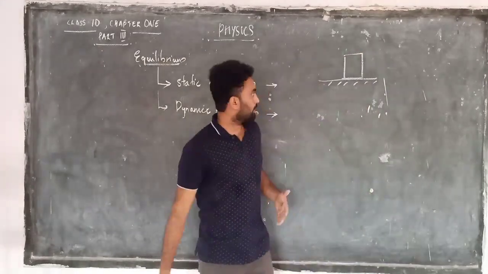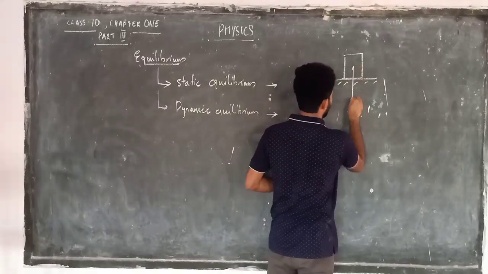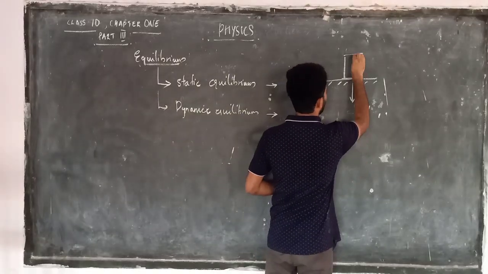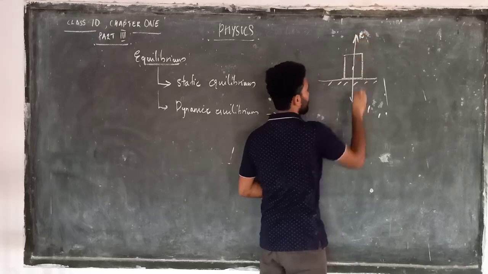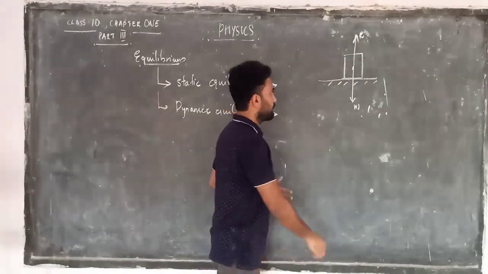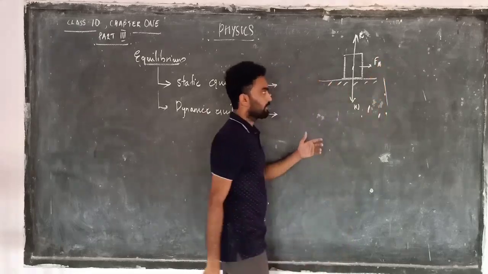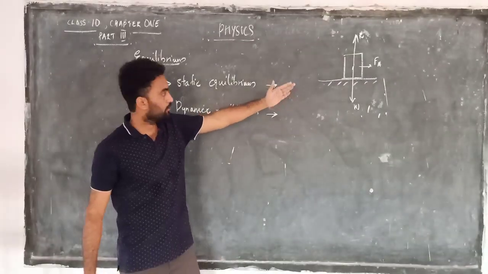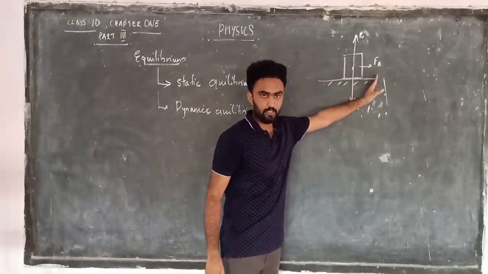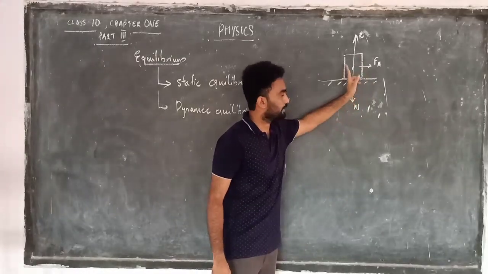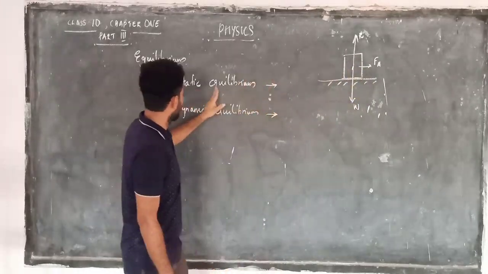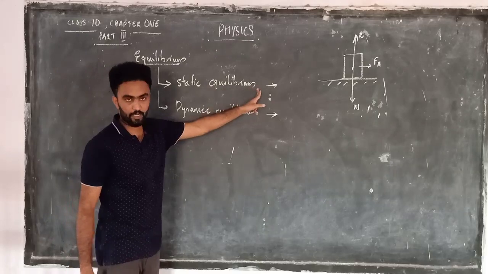Then definitely the weight of the body will be there, which acts from the center of gravity, and there will be a normal reaction force acting in the upward direction. Then if you apply a force Fa, even on the application of that force Fa, if the body is not making a motion, then we can say this body is at rest, and that is called static equilibrium condition.